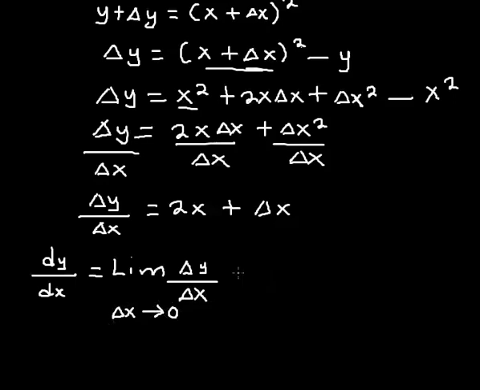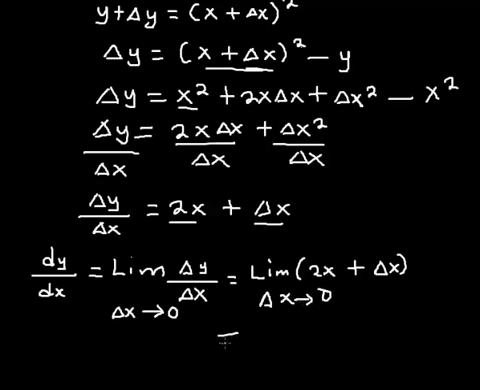If I should do that, that simply means that I'm going to find that this is my gradient, delta x plus 2x. That's going to be the limit of 2x plus delta x as delta x approaches 0.